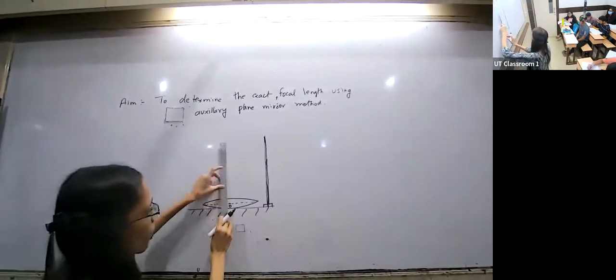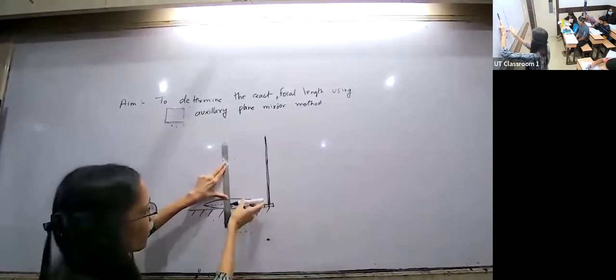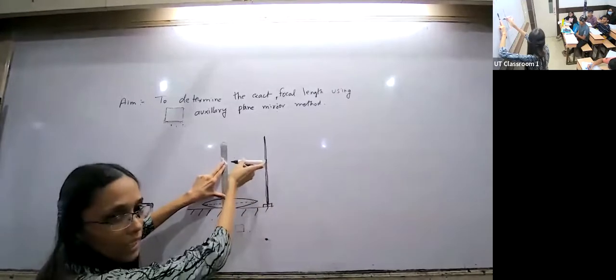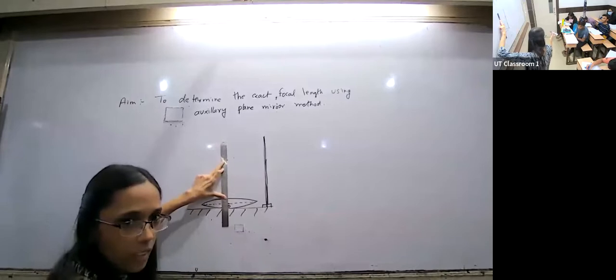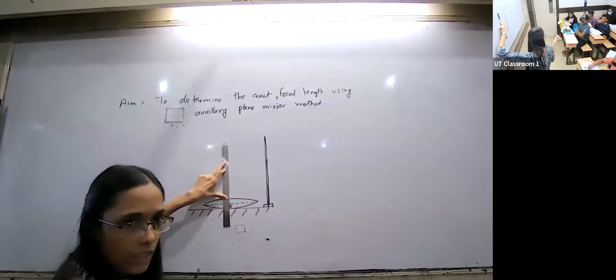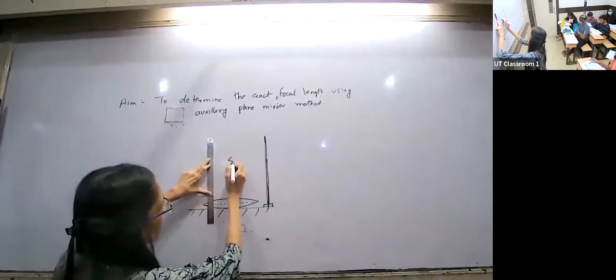What is the first thing? You have to arrange the object such that the tip should be exactly above the optical center, properly aligned. So what is the tip? This tip is a pin whose sharp point this is. Okay? This is some pin. So let's say this is that pin and I have arranged it.